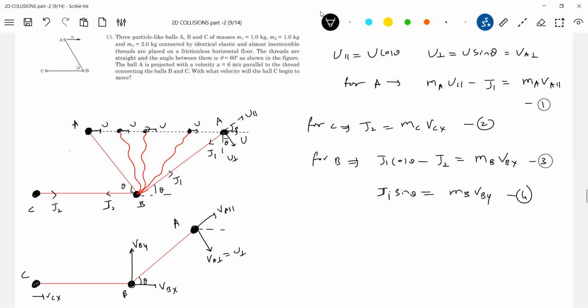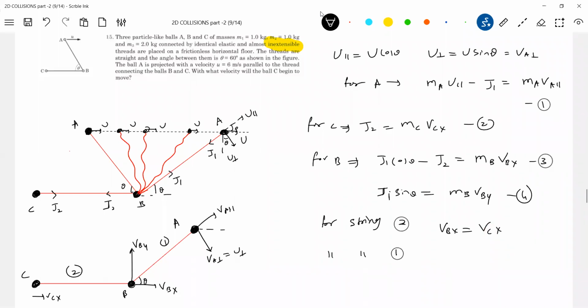I'll take the constraint equation. The velocity of the ends along the string must be equal. So therefore VBX equals VCX. The component of VBY along the second string should be zero. I'll call this string 2 and this string 1. For string 2, VBX equals VCX. Any reason? Because the string is inextensible. And now after this, come to string 1.